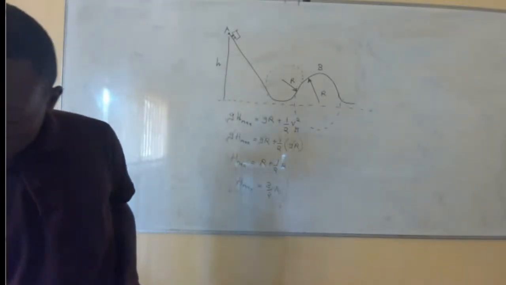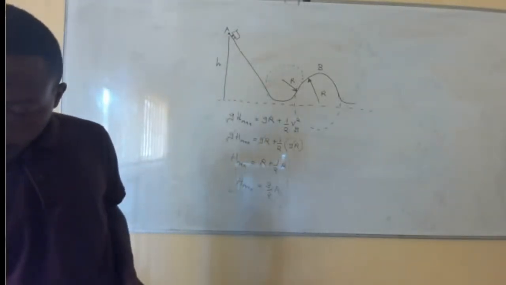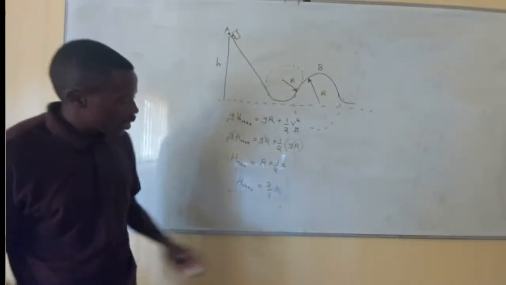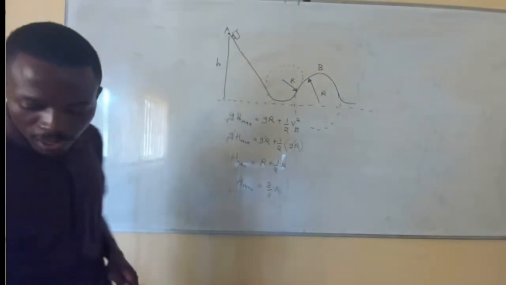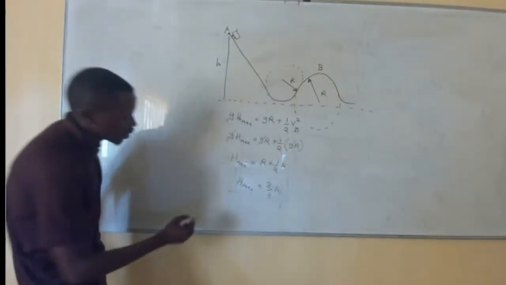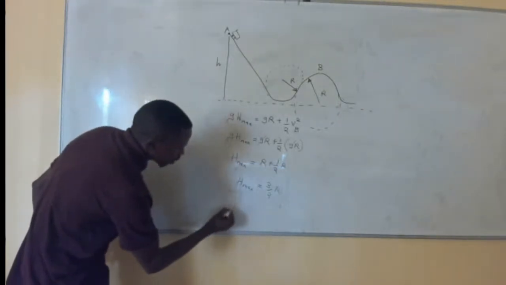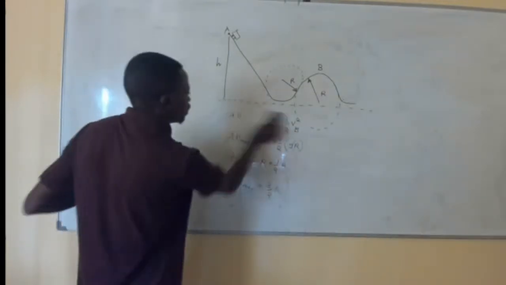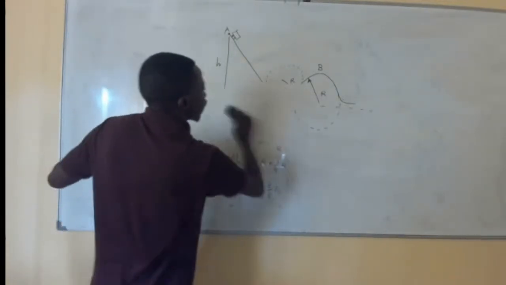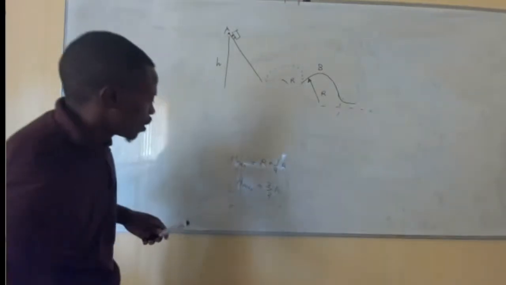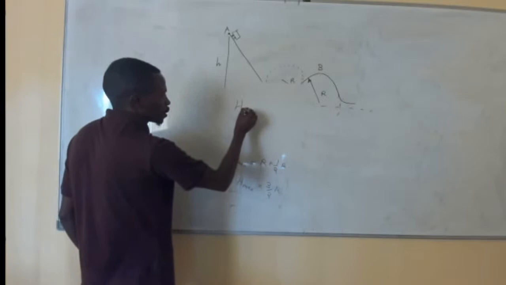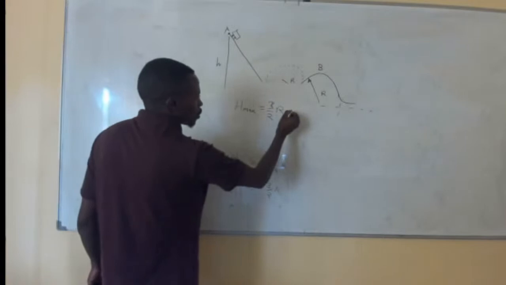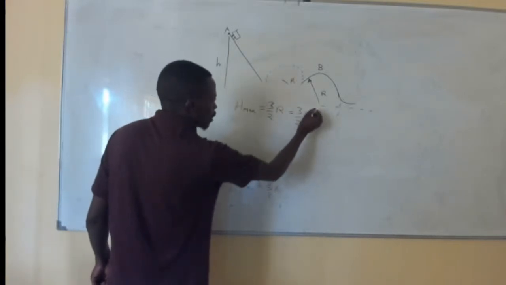And the question now proceeds by asking what would be the maximum height if we are given r to be 10. So if r is given by 10, we have h max is equal to 3 over 2 r, which is 3 over 2 times 10.